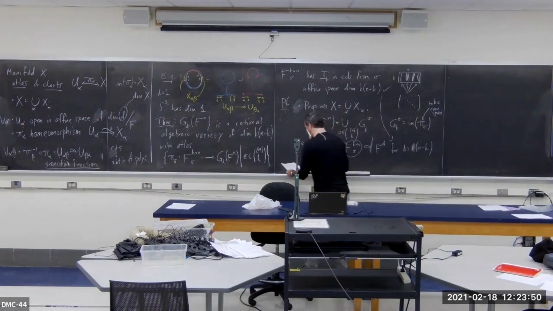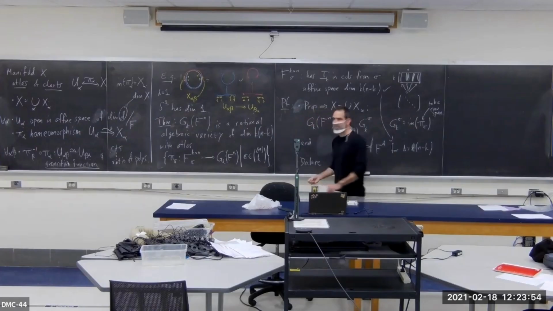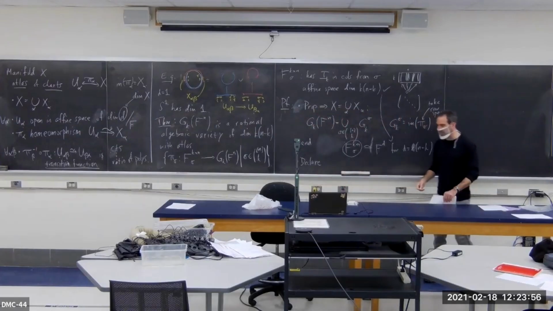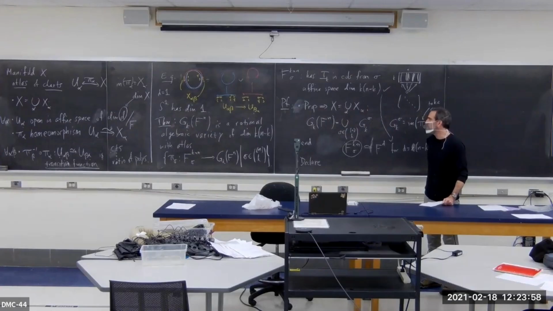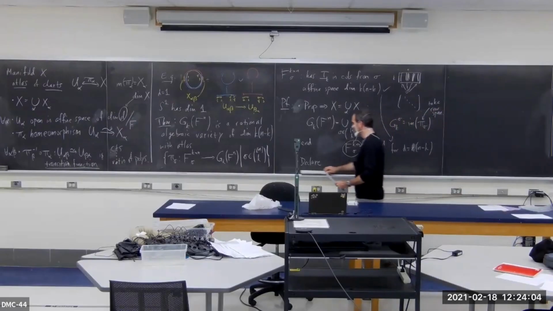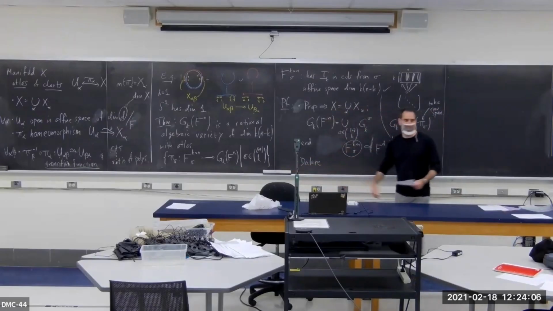So we're going to declare. I have to tell you what the topology is yet. I think I mentioned it last time, but I didn't actually say it explicitly, or maybe I didn't write it explicitly. But I have to tell you what an open subset of the Grassmannian is.